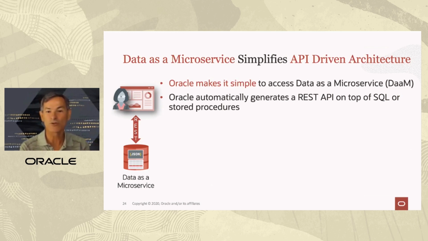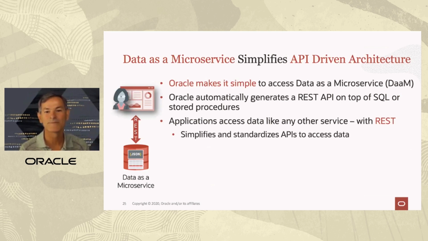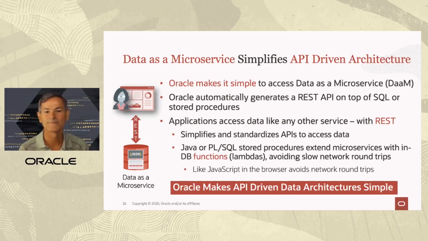So you start with a stored procedure or view, and we generate a REST API automatically on top of it. The advantage of this is applications can access data like they access any other service by making REST calls. And this simplifies and standardizes the APIs to access data. So it's all just REST.